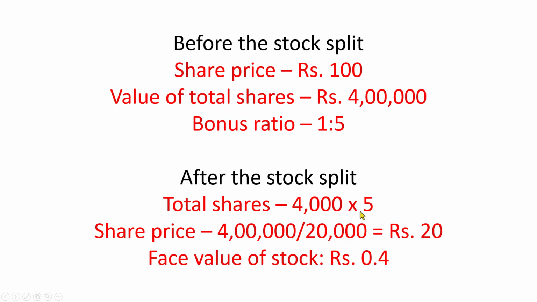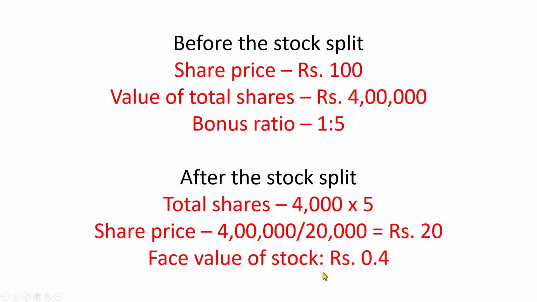So 4000 into 5, 20,000. The total value cannot increase. So the new share price is 4 lakh rupees divided by 20,000, which comes to 20 rupees. Now here, face value of the stock also reduces in the same ratio.